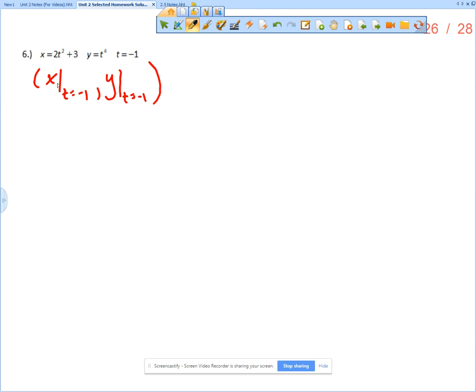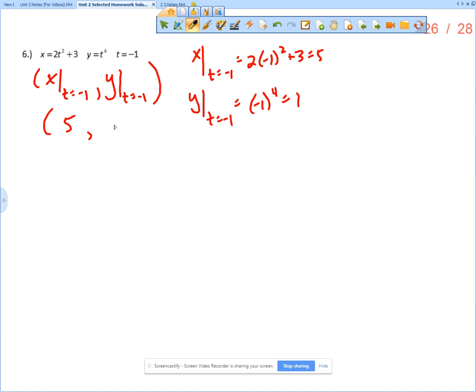So x evaluated at t equals -1 is 2 times -1 squared plus 3. -1 squared is 1, 2 plus 3 is 5. So the x value is 5, and the y value, y evaluated at t equals -1, is -1 to the fourth, which is 1. So 5, comma 1 is our point.